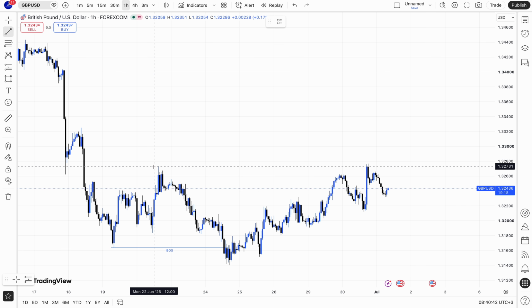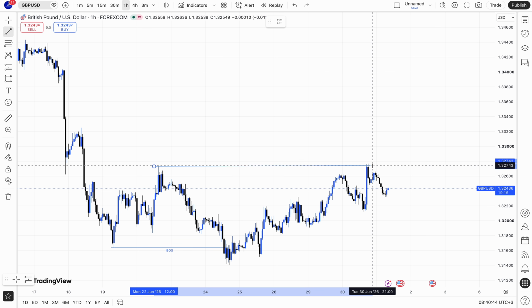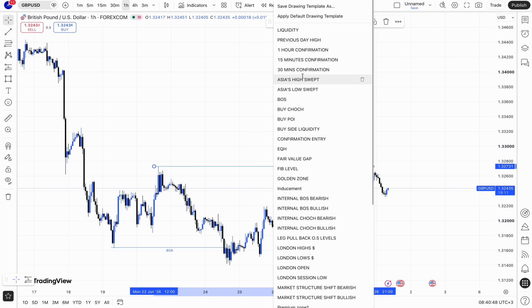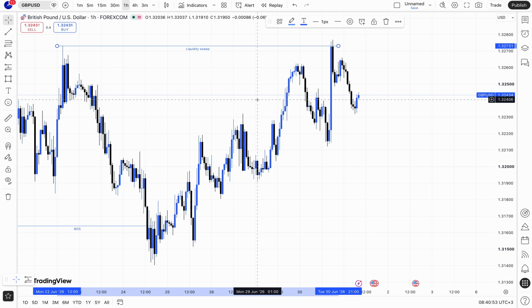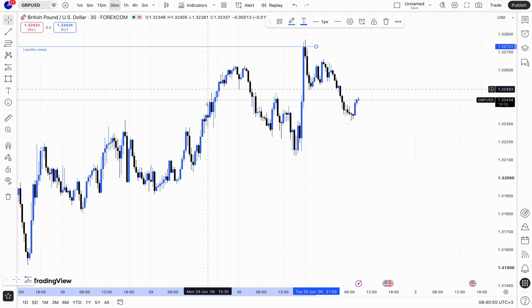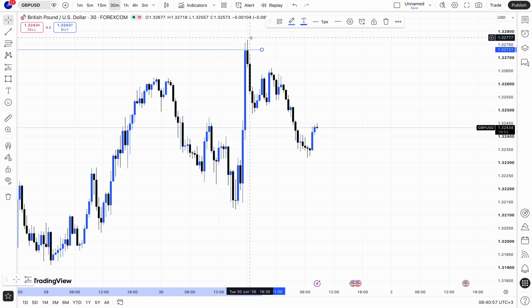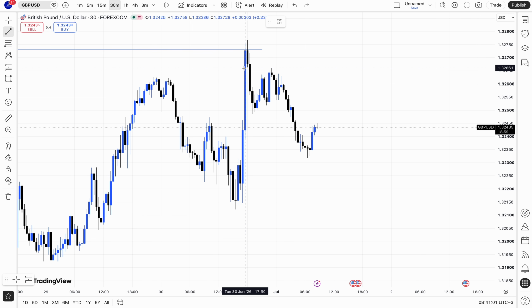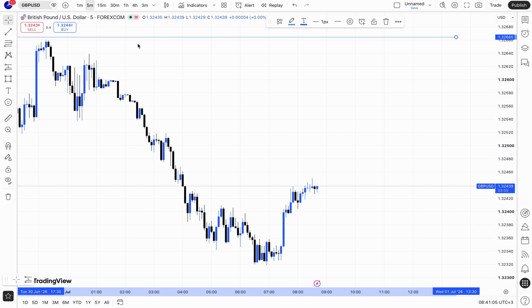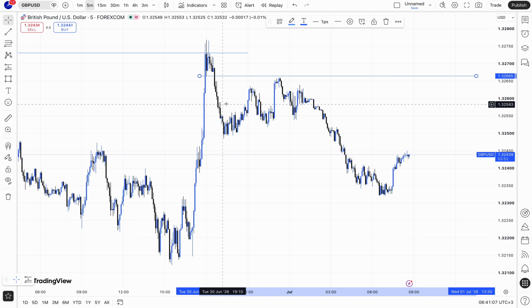Then you had our liquidity sweep from here, liquidity sweep from here, liquidity sweep. Then you move to 30 minutes. 30 minutes, the candle that swept liquidity, it was here. Then you had a break here, which was here. Then you had to move to 15 minutes, 5 minutes for this fair value gap.